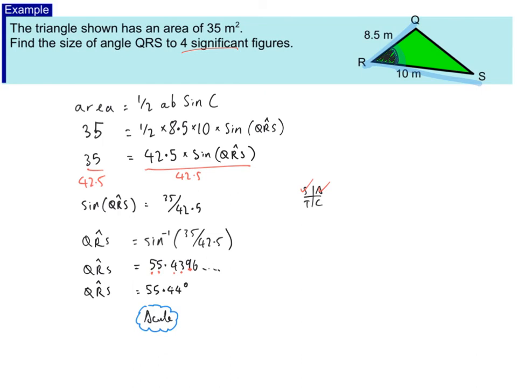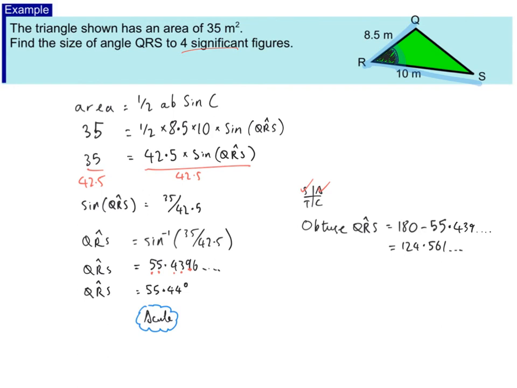So our obtuse QRS would actually be 180 take away that acute angle, and that will give 124.561, and so on.